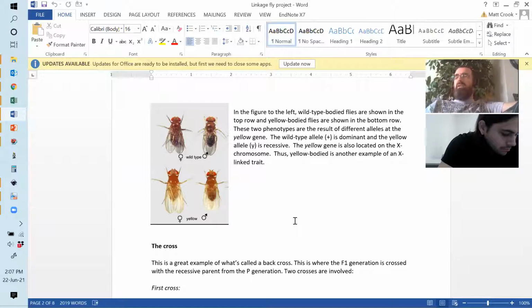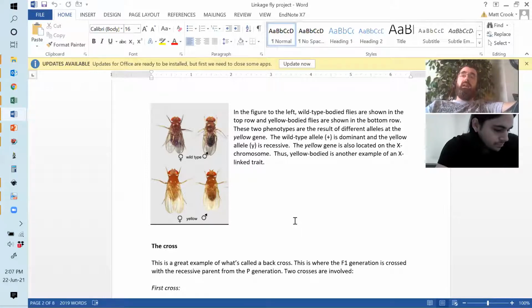Now, the yellow gene encodes an enzyme, is it serotonin? I'd have to double check. Honestly, stuff falls out of my head like it's got a giant leaky hole in the bottom. But it's involved in the generation of pigment.